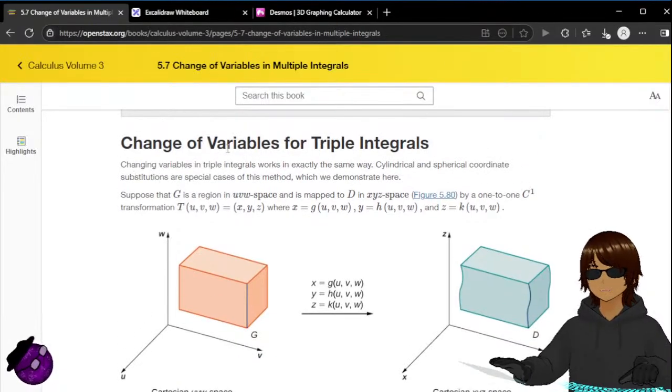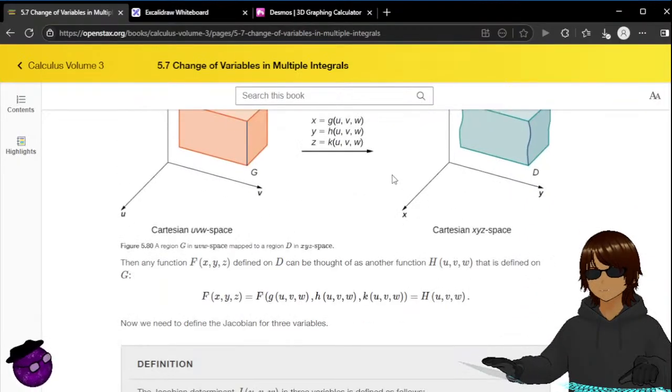Changing variables in triple integrals works exactly the same way. So cylindrical and spherical coordinate substitution are special cases of this method, which we demonstrate here. Suppose G is the region in UVW space and is mapped to T in the XYZ space by a one-to-one transformation, where x is equal to g(u,v,w), y is equal to h(u,v,w), and z is equal to k(u,v,w).